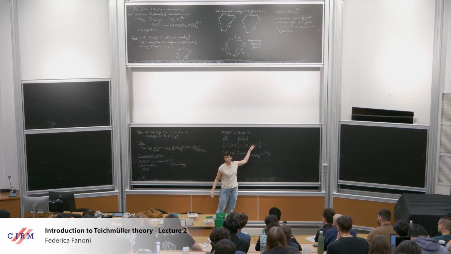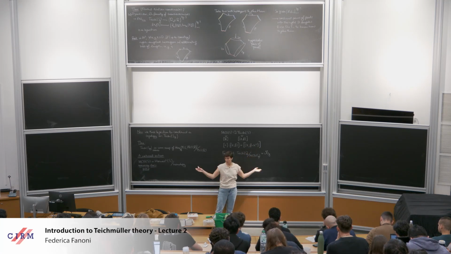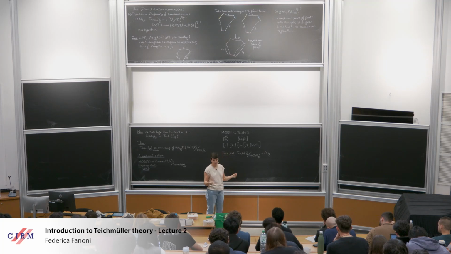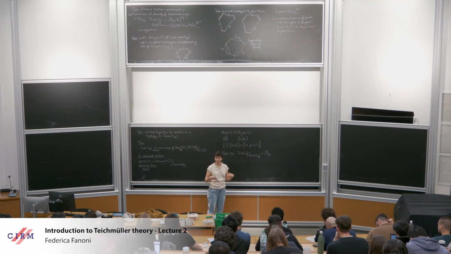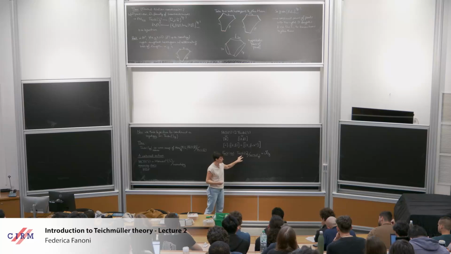The marking was the thing that was distinguishing Teichmüller space from moduli space. In moduli space, I take two surfaces. If they are isometric, they form the same point. In Teichmüller space, I was remembering something more. And the action of the mapping class group is making me kill this extra piece of information that I had. So that's the intuition why this is true.